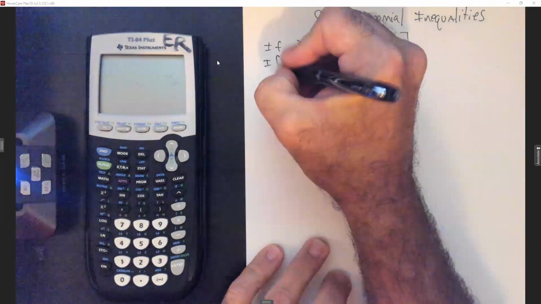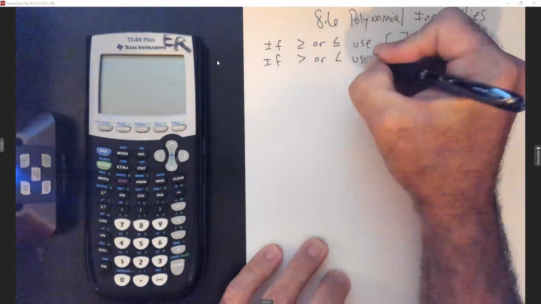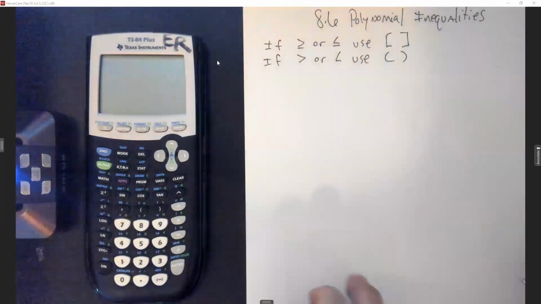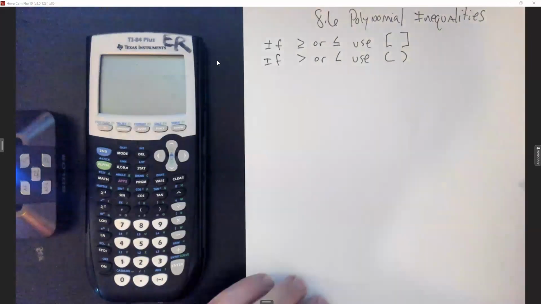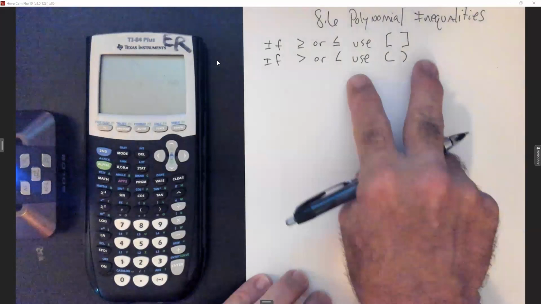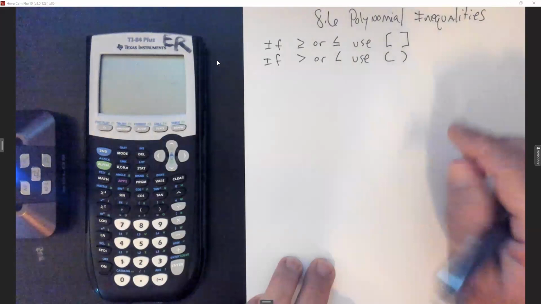If it's just greater than or less than, you got to use parentheses on those answers. Sort of similar to interval notation, because these answers will want me to put them in interval notation. So I just wanted to refresh you on that.